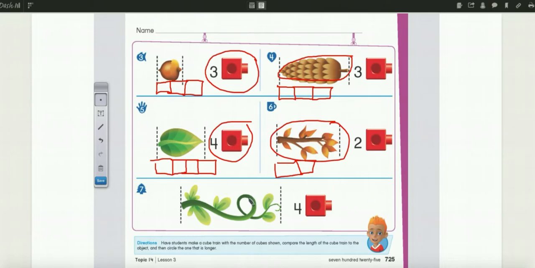Looking at these, which one do you think is longer? Let's check. 1, 2, 3, 4. Yes, the vine is longer.